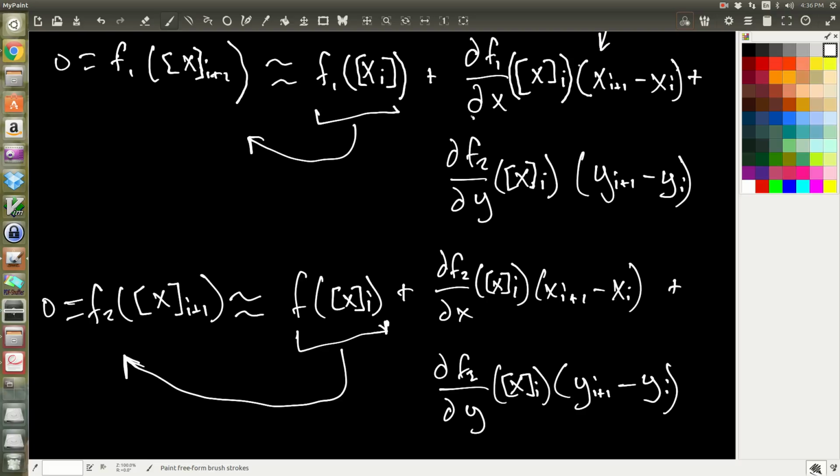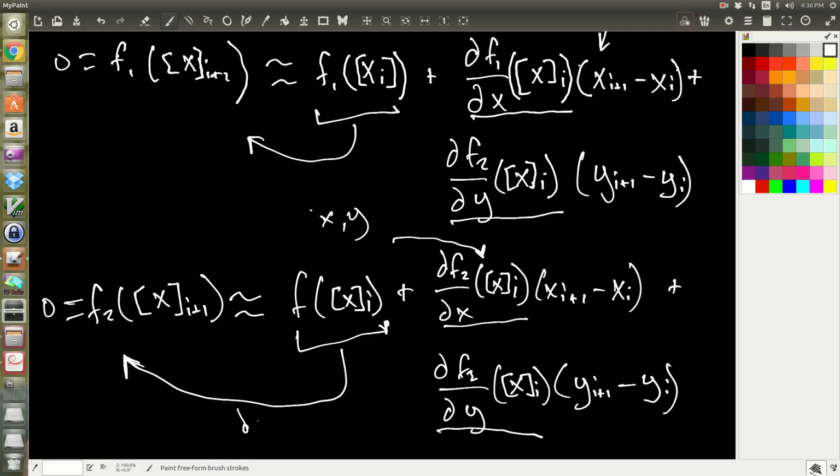So these derivatives right here, this derivative here, and this derivative here, and this derivative here, and this derivative here, once they're evaluated, they're being evaluated at some point x, so I'm going to pass in an x and a y value here. That's what that xi means. So these derivatives are just going to become a number, a scalar.